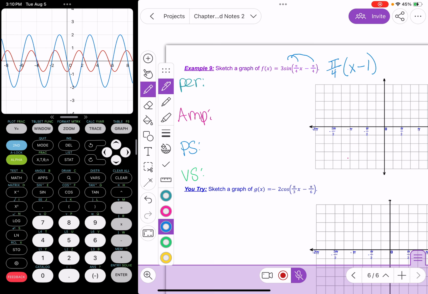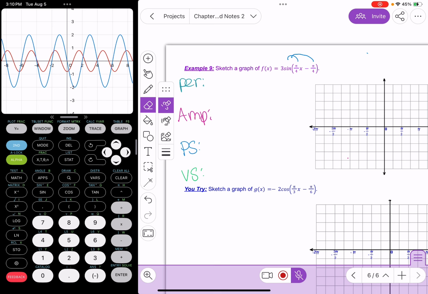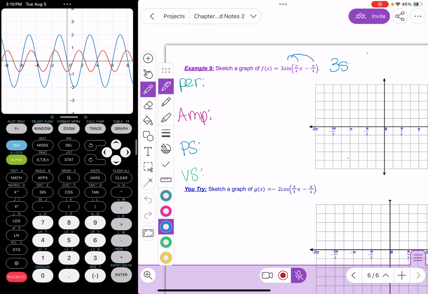So I could rewrite this equation as 3 sine pi over 4 times (x minus 1). That just makes it so that I've taken that pi over 4 out of my parentheses to make the period and the phase shift simpler later.